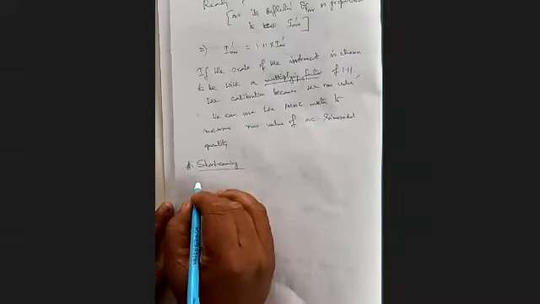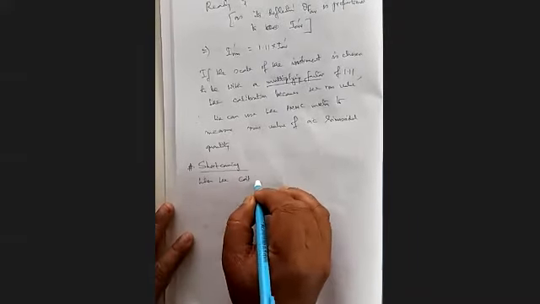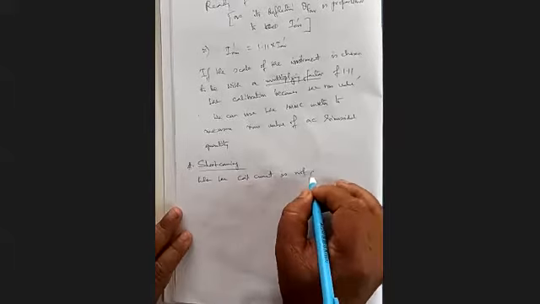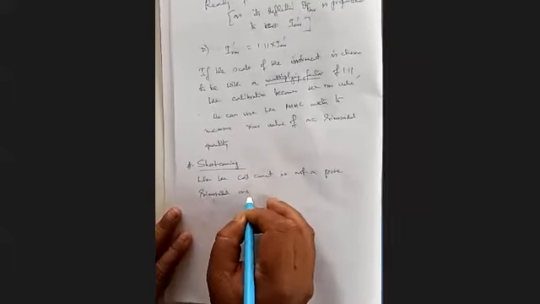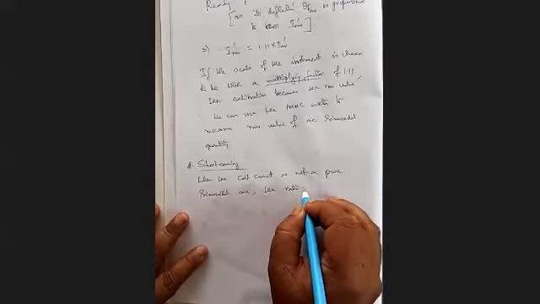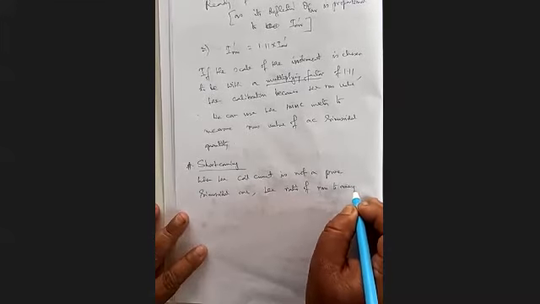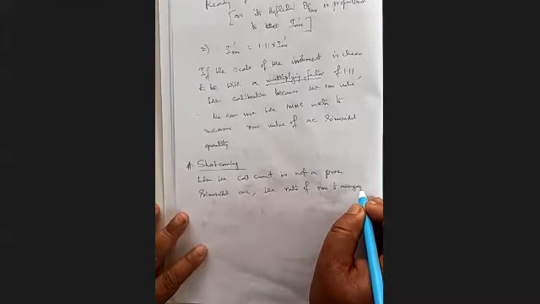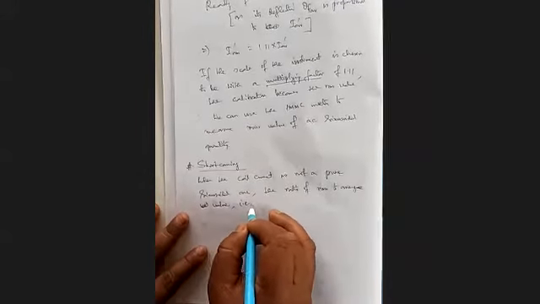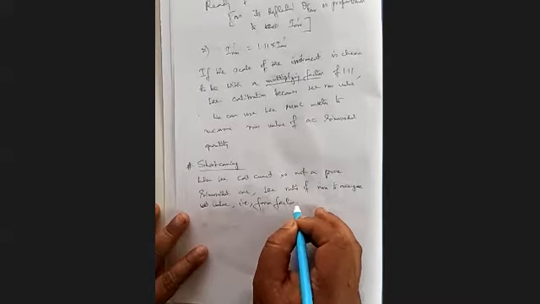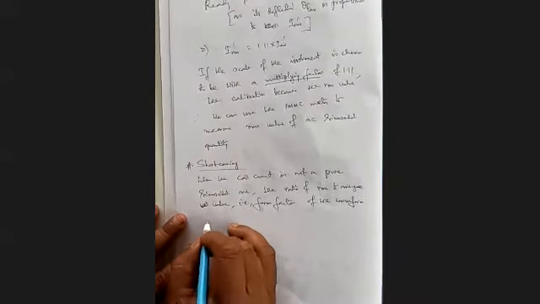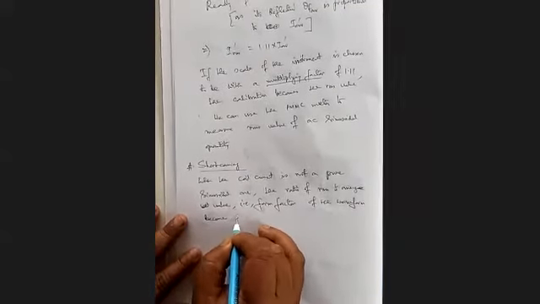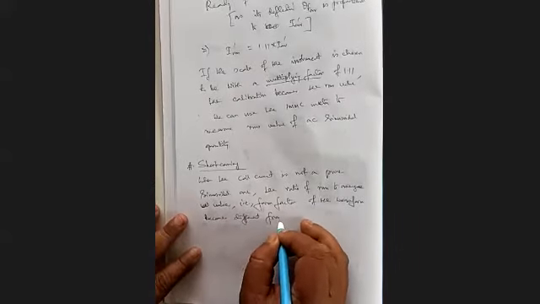So when the coil current is not a pure sinusoidal one, the ratio of RMS to average value, that is the form factor of the waveform, becomes different from 1.11.